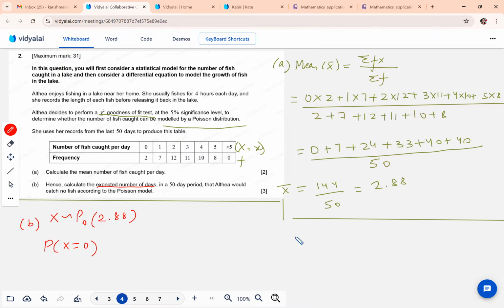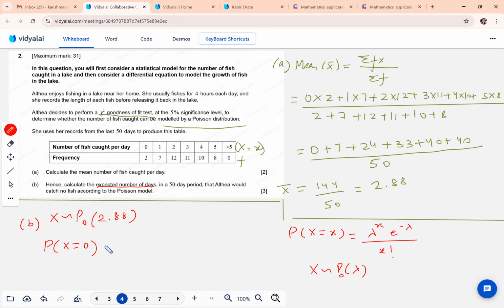Here you should be aware of the general formula for the Poisson distribution: lambda to the power x, e to the power minus lambda, upon x factorial, where x follows a Poisson distribution with parameter lambda.